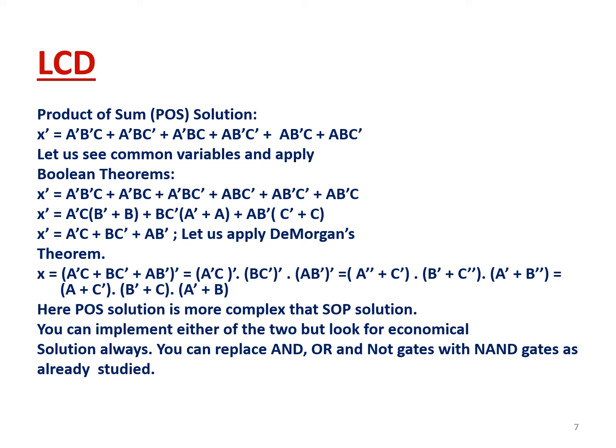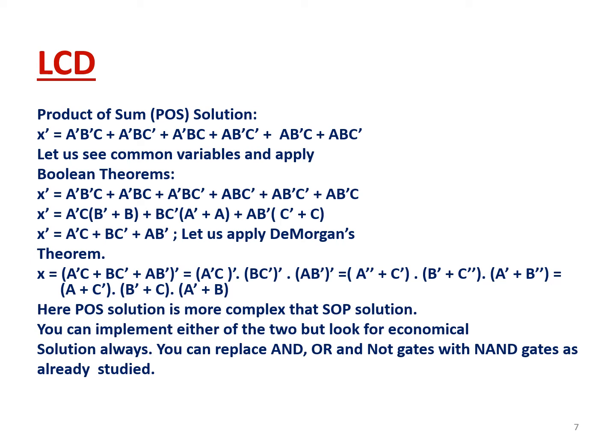So if you rewrite, in the first pair it is A complement C within bracket B complement or B, or B C complement we take as common, and A complement or A inside, or A B complement common and within bracket C complement or C. Now C complement C, A complement A, B complement B, all of this you know from the Boolean theorem is 1. And we get x complement is equal to A complement C, or B C complement, or A B complement. Now let's apply the De Morgan theorem in that.